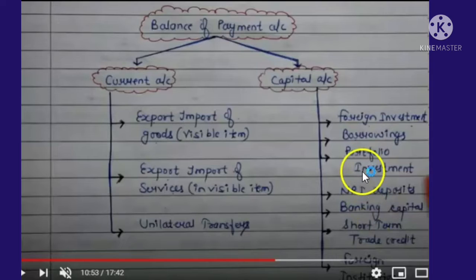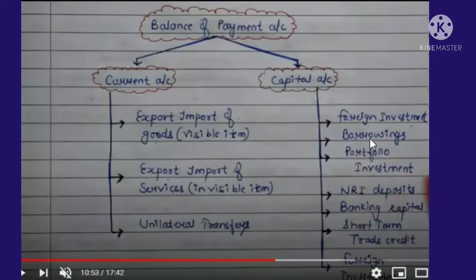So the first one is foreign investment. What is that? It refers to the purchase of assets of the rest of the world, which gives the buyer full control over the asset. If somebody is buying something from another nation, paying for it or investing for that purpose, that is known as acquisition abroad, and that is foreign direct investment.